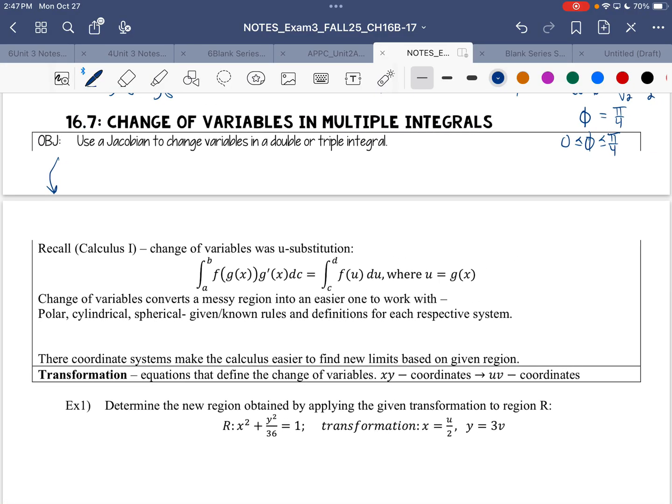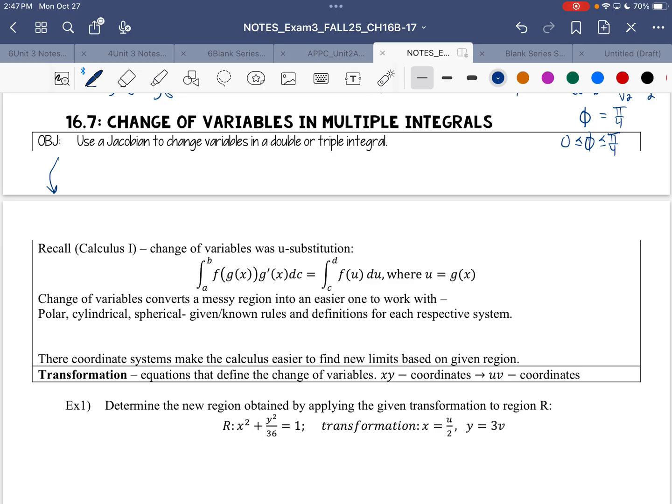So we want to be able to change variables. That's what we've been doing with spherical and cylindrical. We have been changing variables and changing between coordinate planes. We just want to be able to do it if it's not obviously needing to go into polar, spherical or cylindrical, and instead it's some other thing that would make the transformation easier.